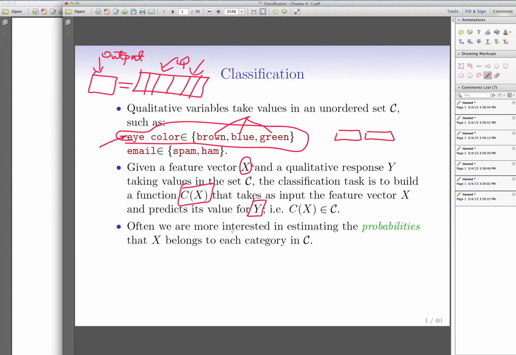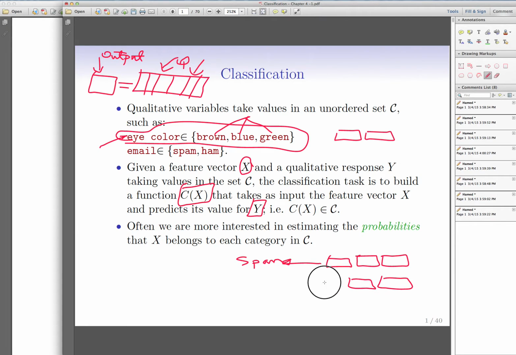So usually, not only are we interested to know what class these inputs signify, but we also want to see the probabilities of it. For example, we want to see, based on these keywords, what is the probability of, let's say, spam email, or what is the probability of ham email.